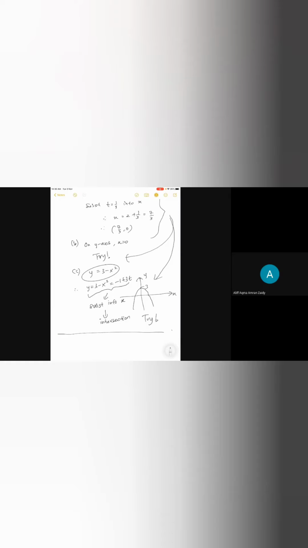18 ni senang saja. 18 ni dia memang dah bagi point dan juga normal vector. So, you just substitute into equation of plane. Okay, 19 ni, dia ada 3 point kan? So, first of all, you have to find a normal vector. So, how do you find a normal vector from 3 points?